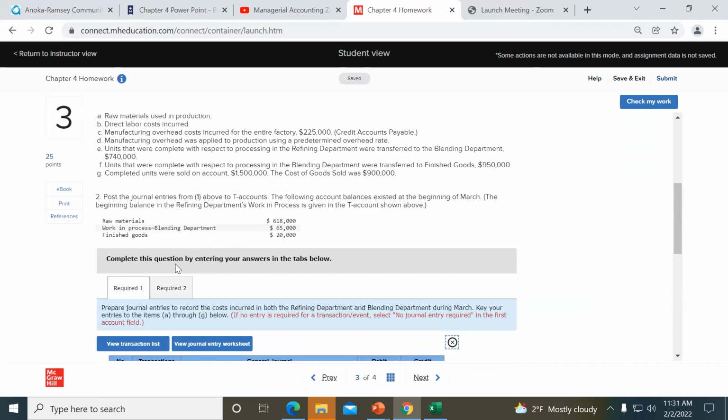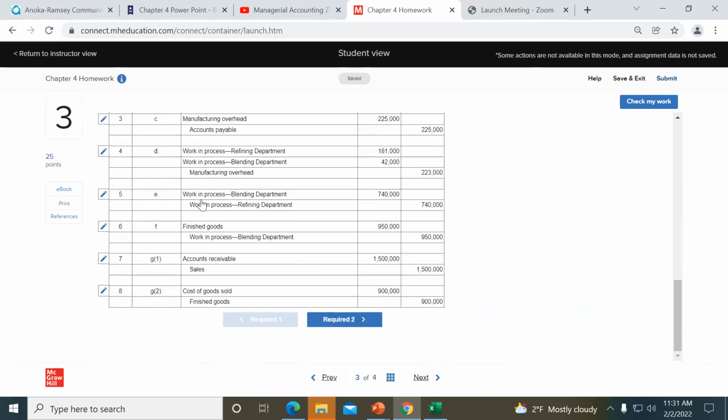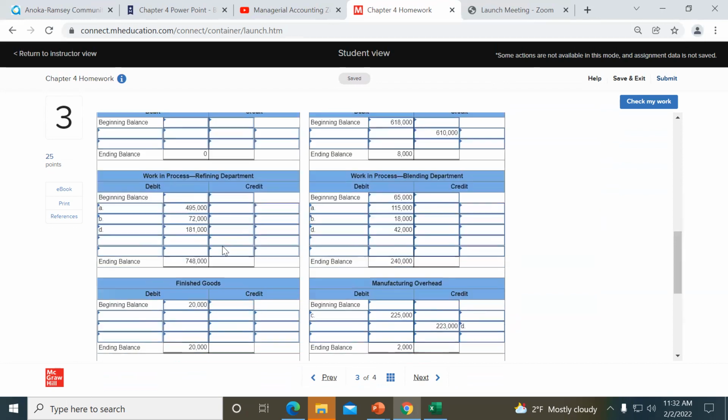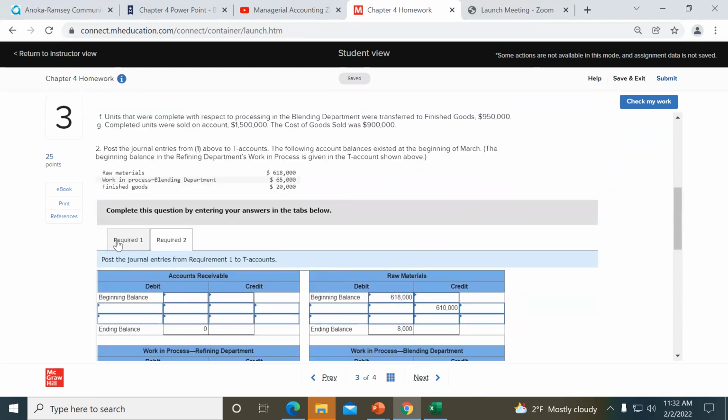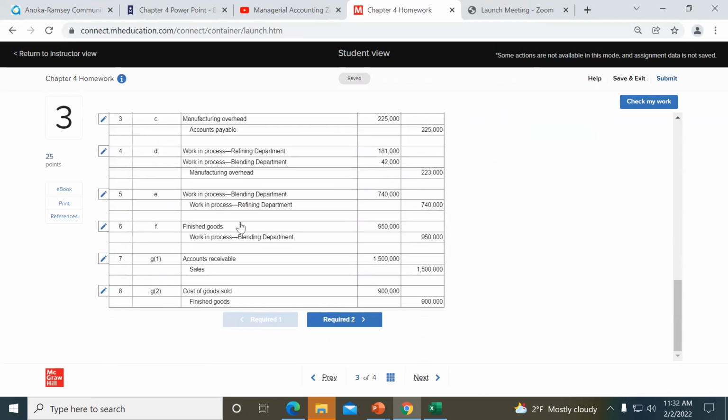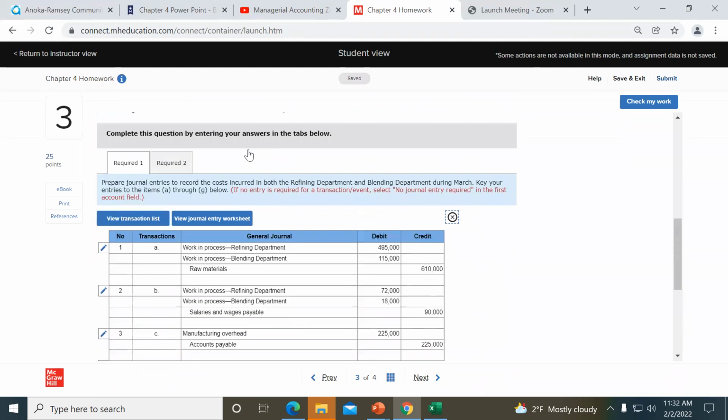Okay, so you'll just keep going the whole way down. I'm on E, work in process blending 740, refining 740. So we'll get rid of the refining 740 and put it in blending 740. Then the last one here, F, finished goods 950, get out of blending department.